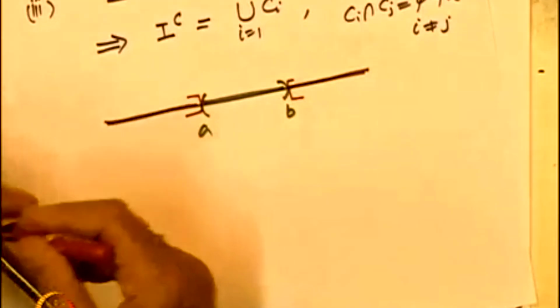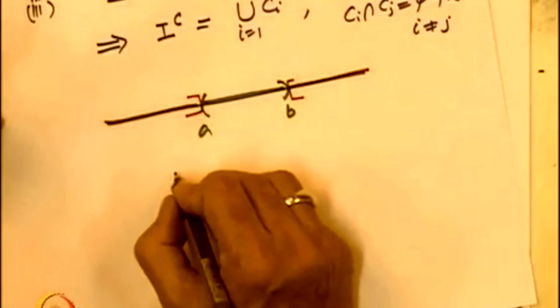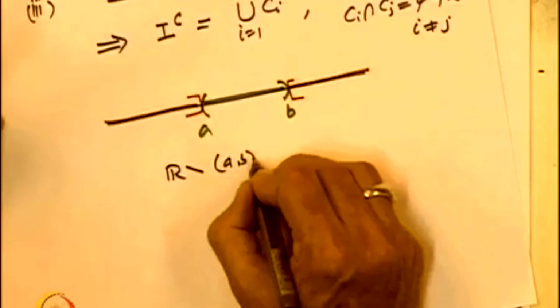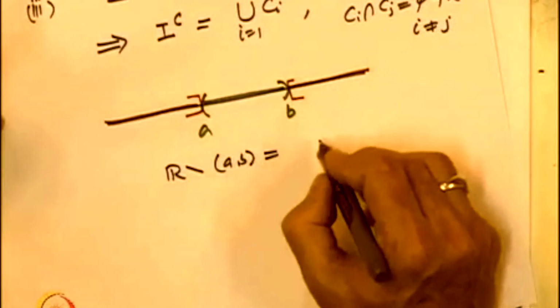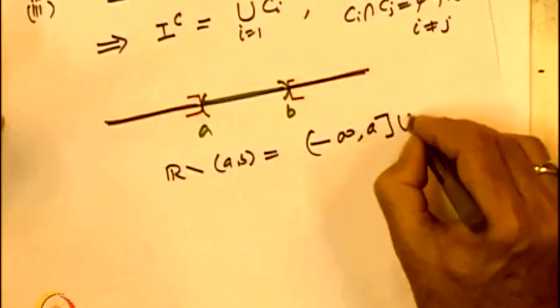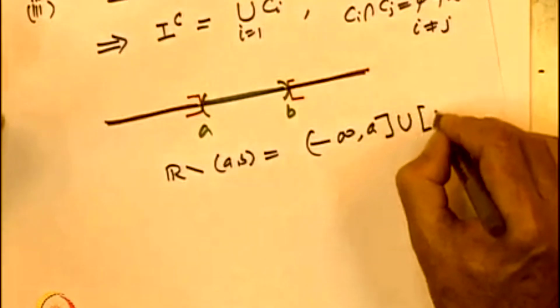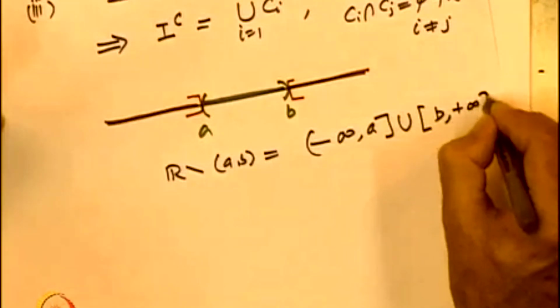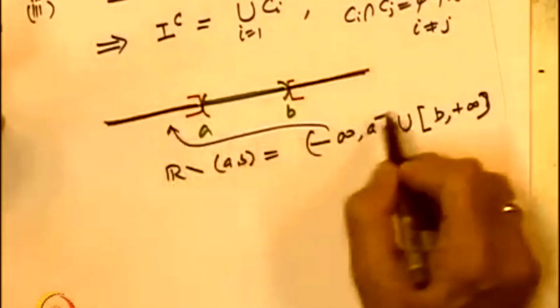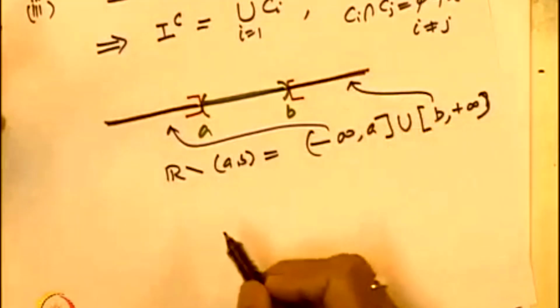So for this, I can write the complement, R minus (a, b), is equal to minus infinity to a, enclosed, union b to plus infinity. So this is this part and this is this part.